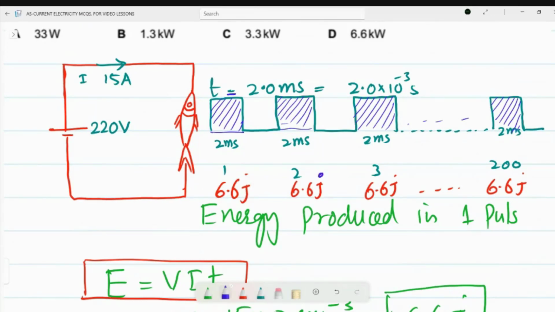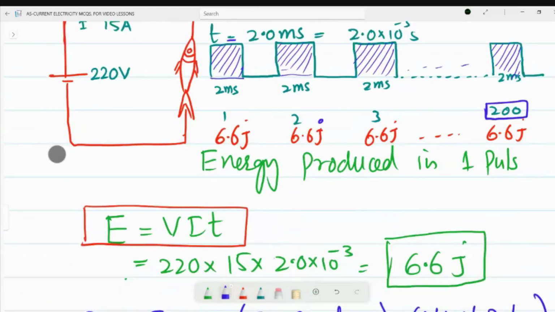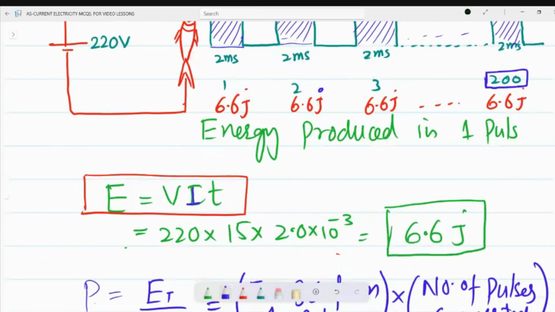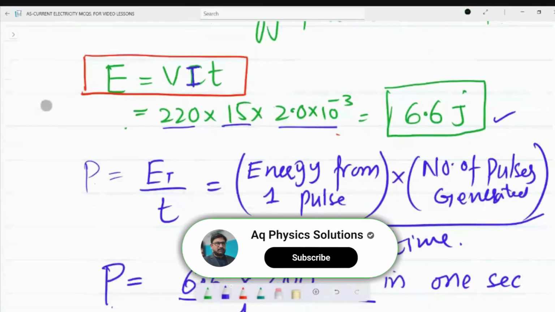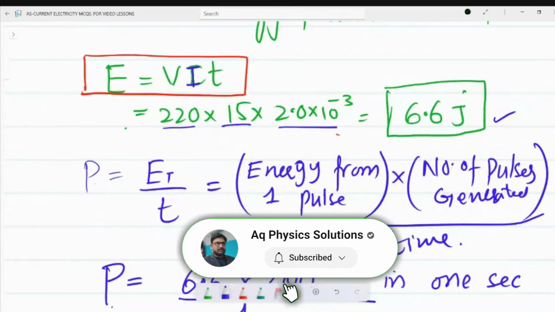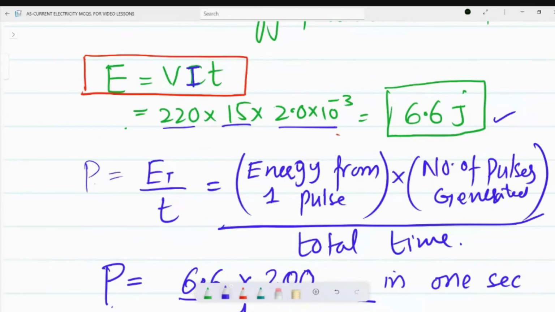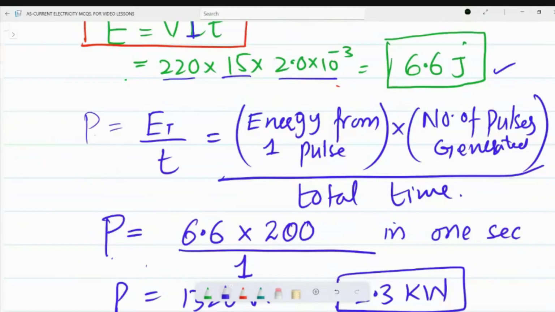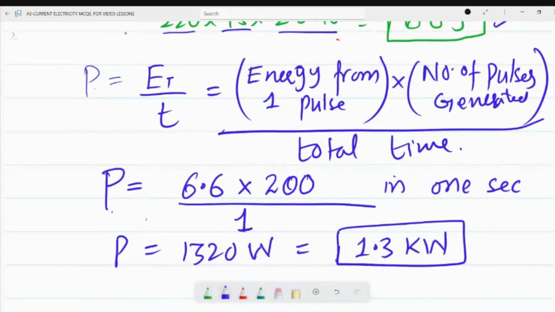Then there are 200 pulses overall in 1 second. I calculated that VIT is the formula, and 6.6 joule is the energy for one pulse. Then the number of pulses times energy for one pulse divided by total time. Total time is 1 second. So 6.6 times 200 divided by 1, you get 1.3 kilowatt. I hope that this horrible torpedo question is now clear to all of you.